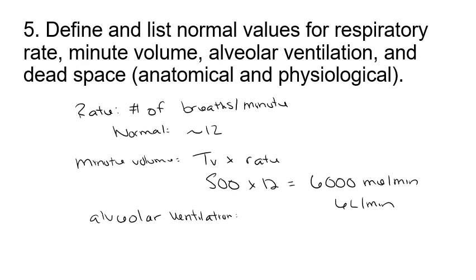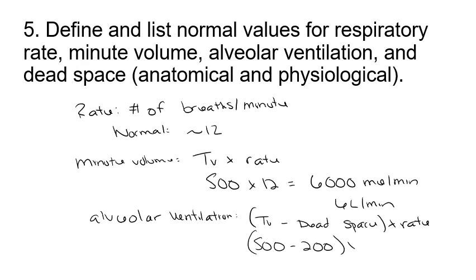So alveolar ventilation is tidal volume minus dead space times our respiratory rate. So if we have 500 minus 200 mils of dead space times that same 12, 300 times 12 equals 3,600 mils per minute. So your alveolar ventilation is always going to be less than your minute volume because it takes into account dead space.